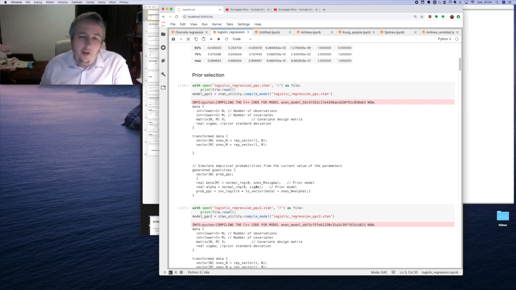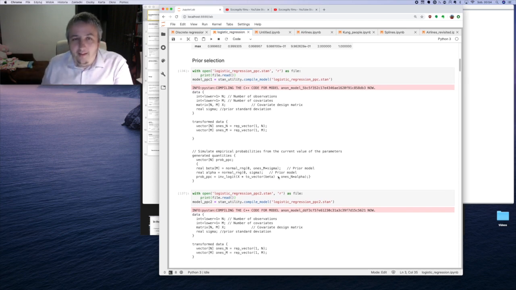It will be useful for us because we are interested only in the parameters of the Bernoulli distribution. So it will actually be the inverse logit of the linear combination of predictors times model parameters plus alpha. Our model is of course a linear model: intercept plus design matrix times the vector of parameters.